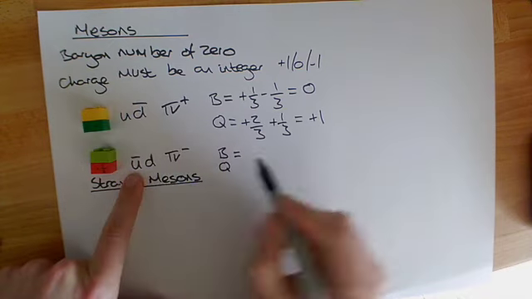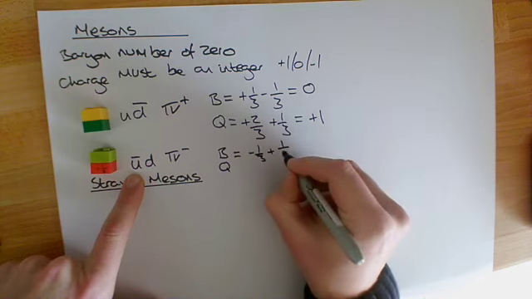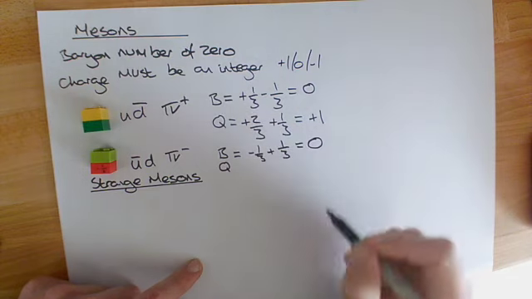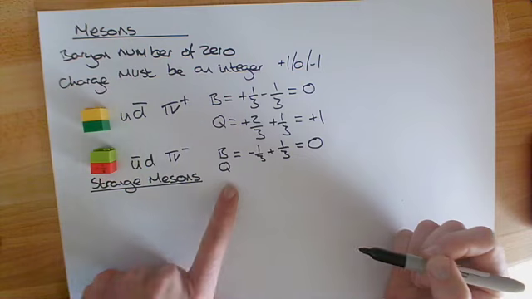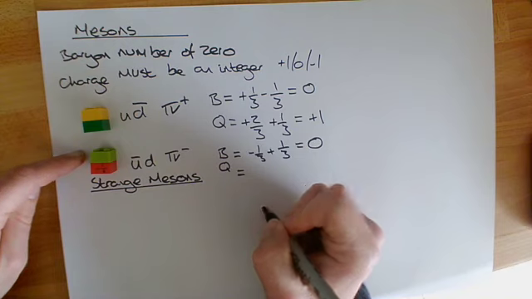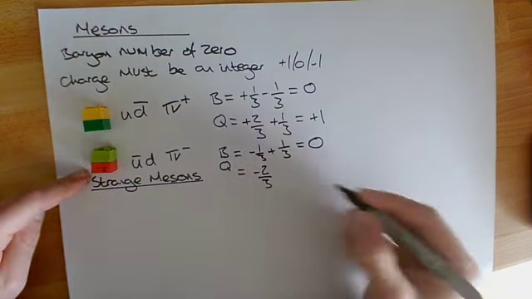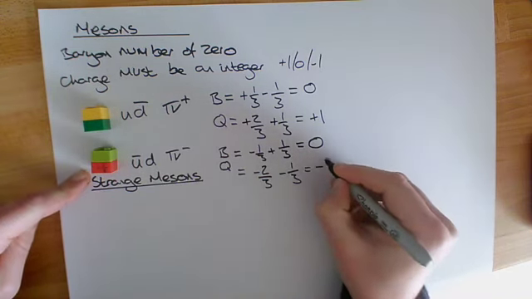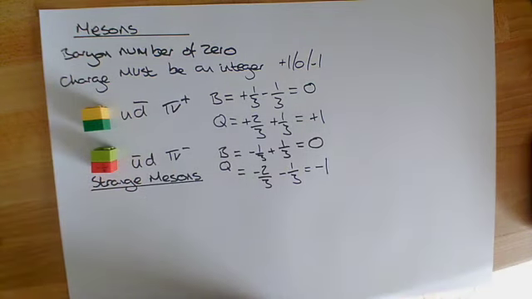We've got a baryon number of -1/3 from our anti-up quark and a baryon number of +1/3 for our down quark. That gives us an overall baryon number of 0, so it satisfies our first criterion, that the baryon number for a meson has to be 0. And then for the charge, the anti-up quark has a charge of -2/3, and the down quark has a charge of -1/3. So overall the charge is -1, and therefore we get a pi minus particle.